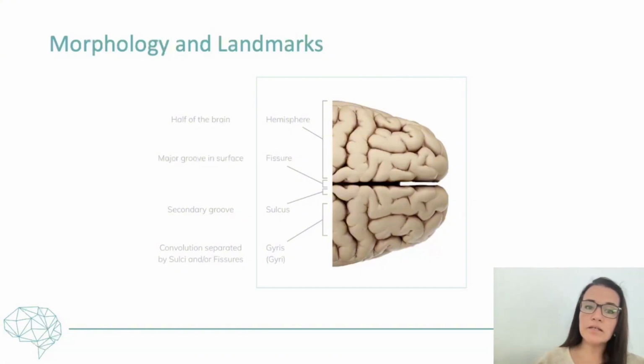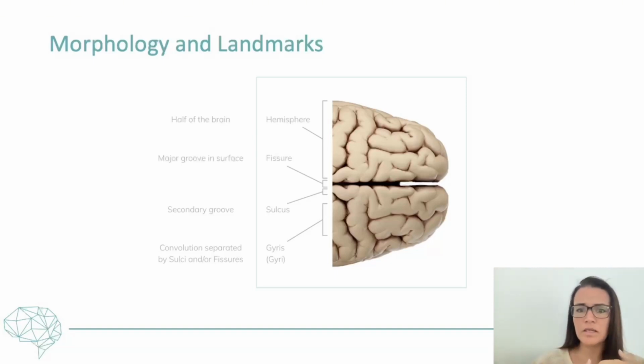And then we get these secondary grooves, which are known to be sulci or the sulcus. So you can see there that in order to make this walnut-like picture, there's parts of the brain that fold in on themselves. And it's the grooves within the fold that are known to be the sulcus, or the plural is the sulci.